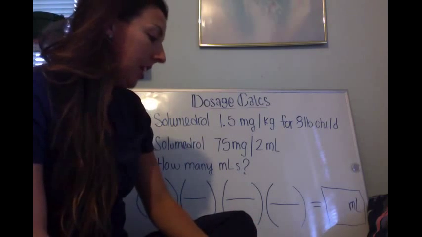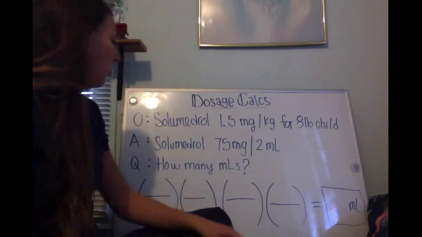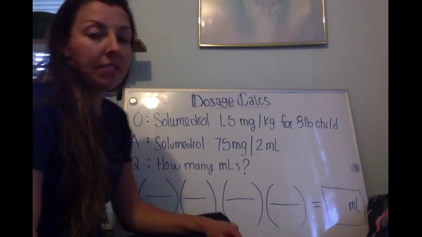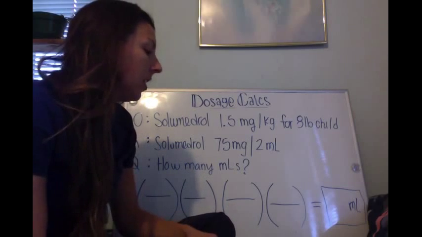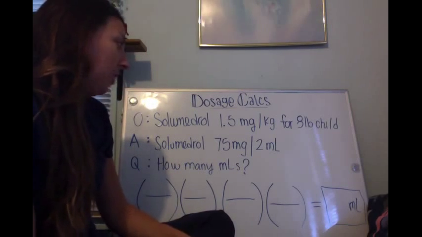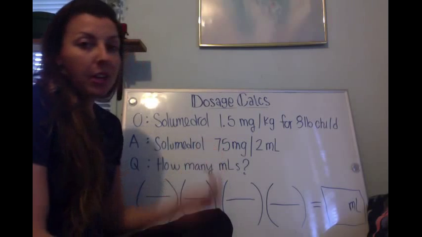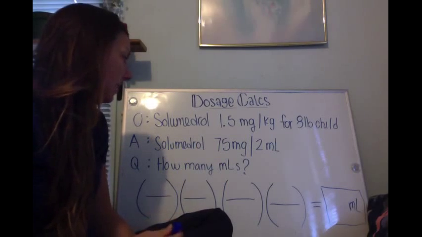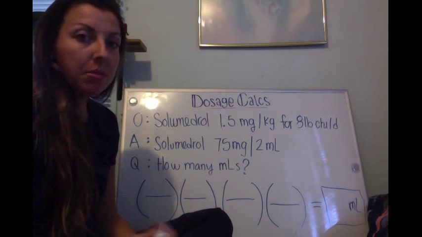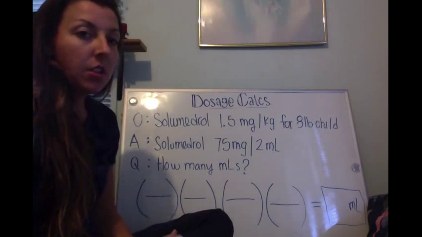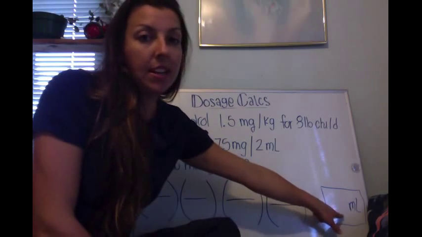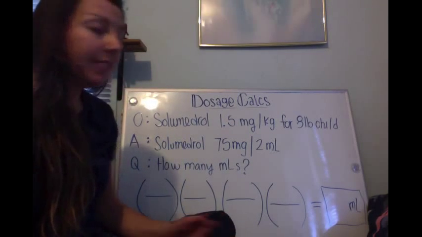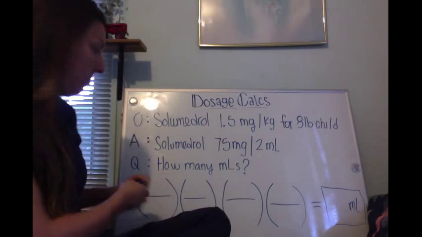So the question is, Solumedrol 1.5 milligrams per kilogram is ordered for an 8-pound child. Solumedrol is available as 75 milligrams per 2 milliliters. So the question is, how much are you going to draw up? How many milliliters? So I know that I'm going to be ending in milliliters over here, and I'm going to start with what I have with milliliters on top.